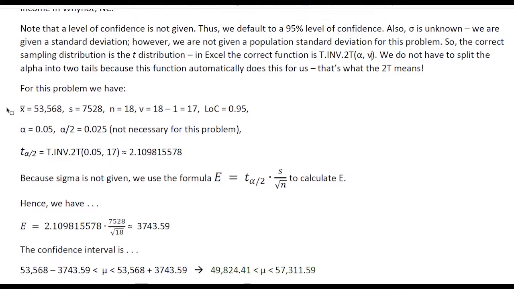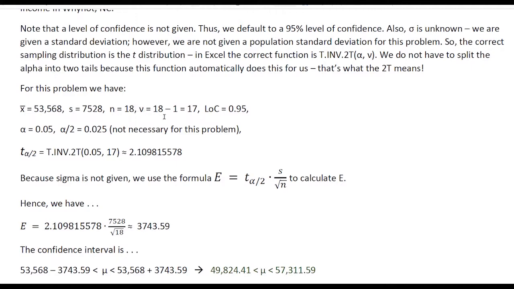We have x bar, or the sample mean, is 53,568. S, or my sample standard deviation, is 7,528. N is equal to 18. There are 18 households surveyed.